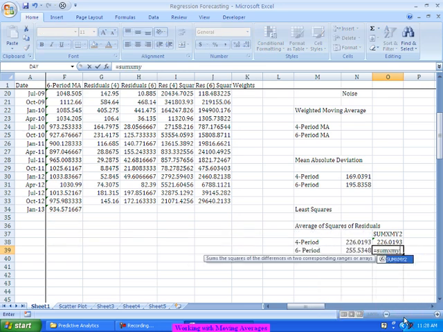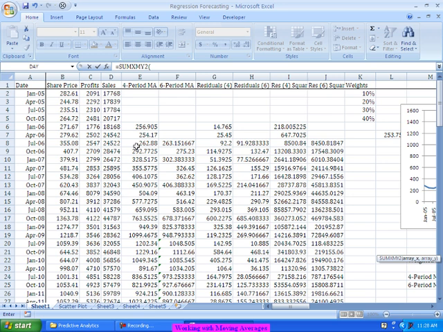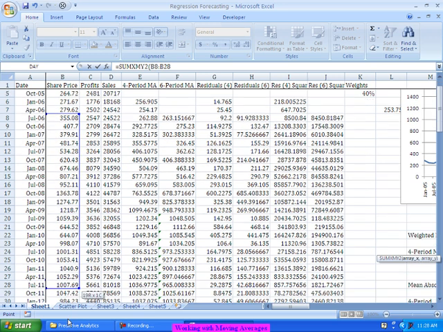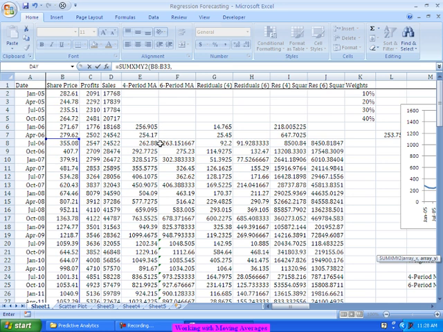So SUMXMY2 is a very powerful formula from that standpoint. Here also for the 6 period I'll do the same. I'll take the original values, which are these, then the 6 period moving average values, which are coming from here.